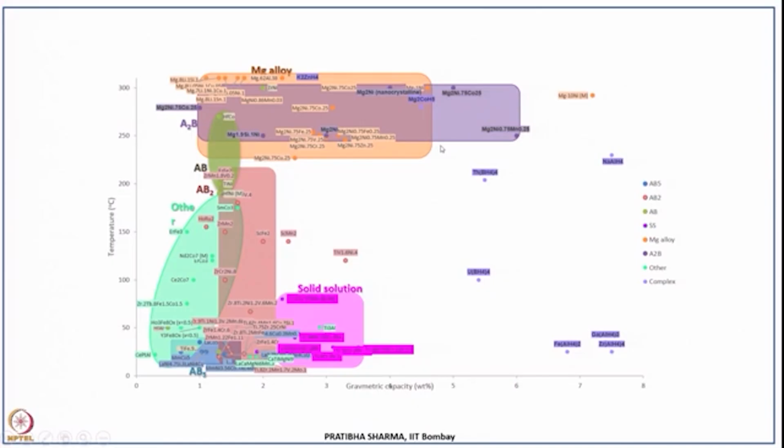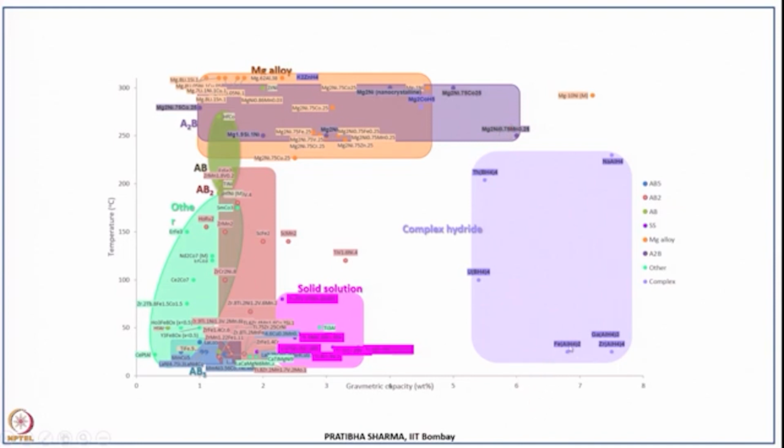And lastly, solid solutions and complex hydrides. Solid solutions, compared to the other metal hydrides, have a higher gravimetric capacity and a lower desorption temperature. And finally, the class of compounds known as complex hydrides have very high gravimetric capacity and a wide range of desorption temperatures.